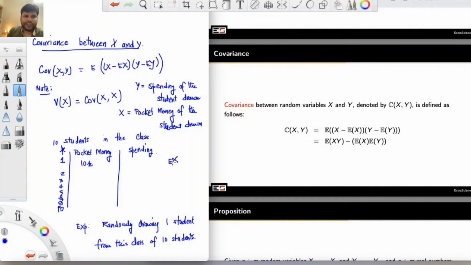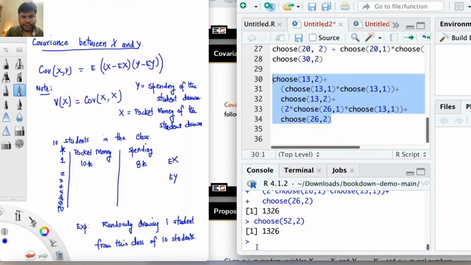So the expected value of X is 55. Now suppose every student is actually spending 80% of their pocket money. Can you tell me what is the expected value of Y? 44, 80%. Yeah, I think it is 44, right? Just check. I think so.